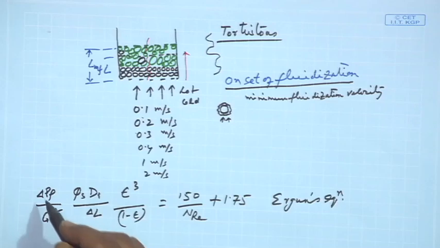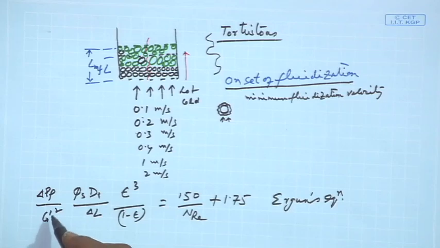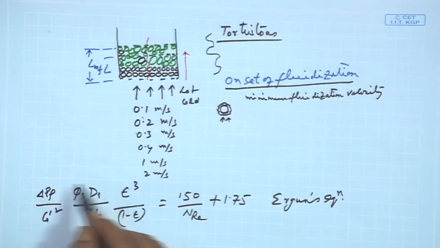This is delta P, and in this G prime we have rho v. So, as the velocity is increasing, delta P is also increasing, with other things remaining the same.